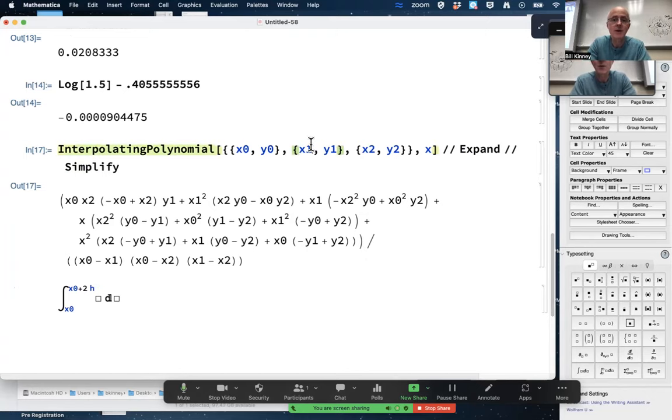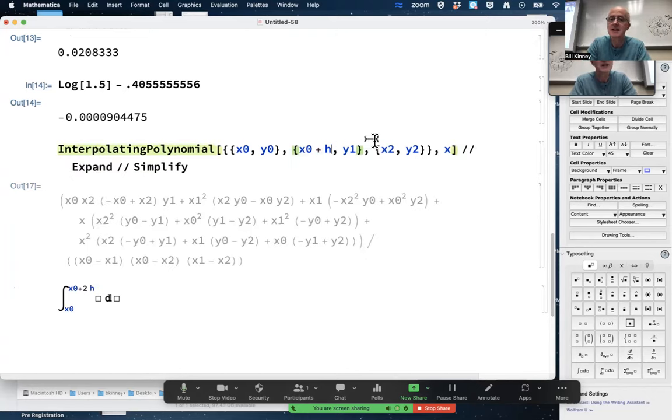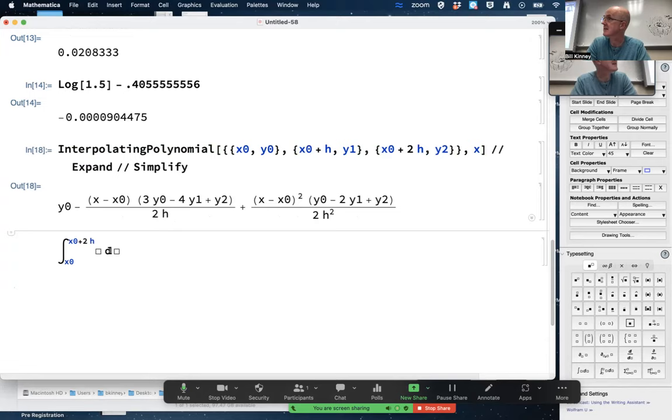Let's replace x1 with x0 plus h and x2 with x0 plus 2h. Let's try it that way. Hey, that's a little nicer looking. It's a quadratic in x. Notice there's your x minus x0 quantity squared. Here's a linear term. Here's a constant term.